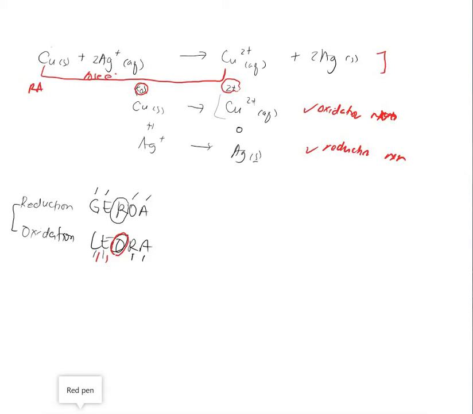Now silver gained electrons. You know why it gained electrons, class?